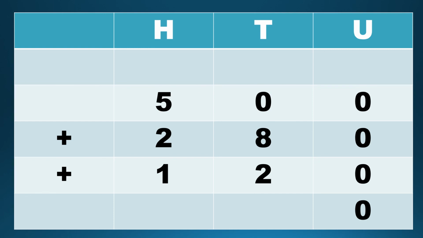Then we have 8 plus 2, the answer is correct, 10. Then we have the hundreds place, where we have carried over the 100. We have 5 plus 2 plus 1 plus the carryover, and our answer is 9. So our total is 900.